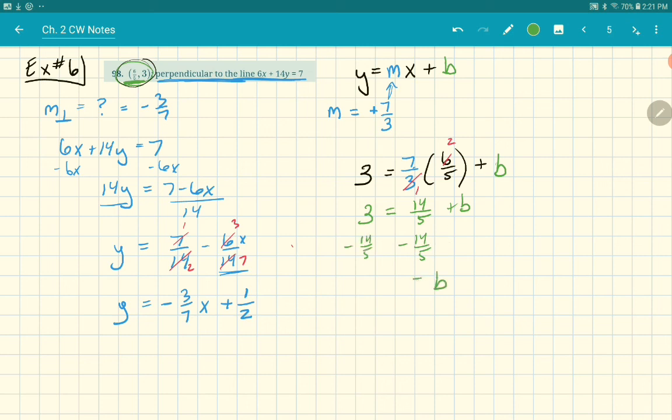I get b equals 3 minus 14/5. Well, I need a common denominator. So I'm going to change that 3 by multiplying by 5 over 5, and I get 15/5 minus 14/5, which gives me b is 1/5.